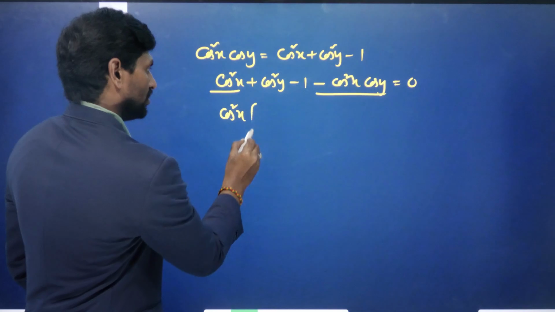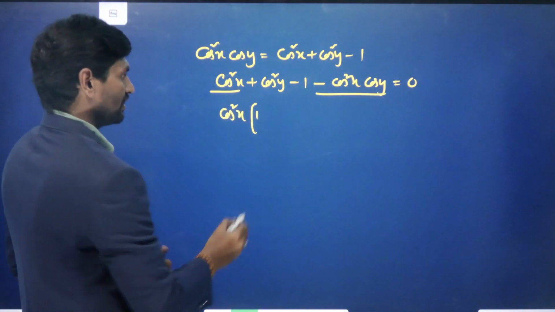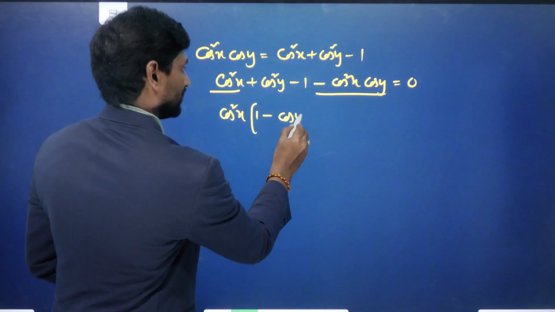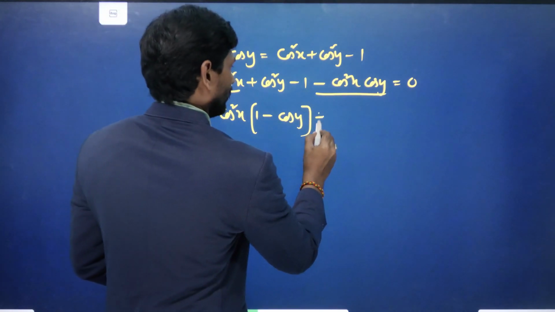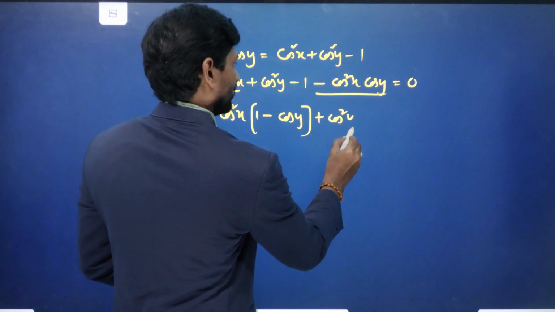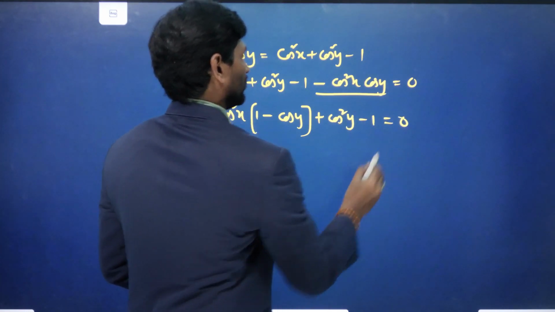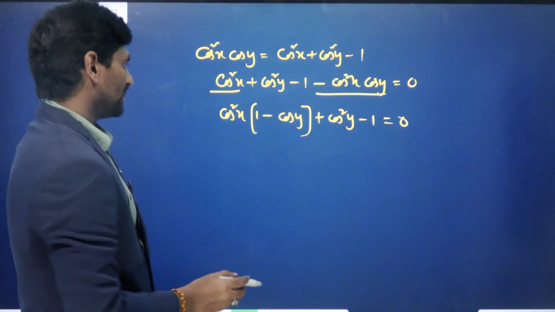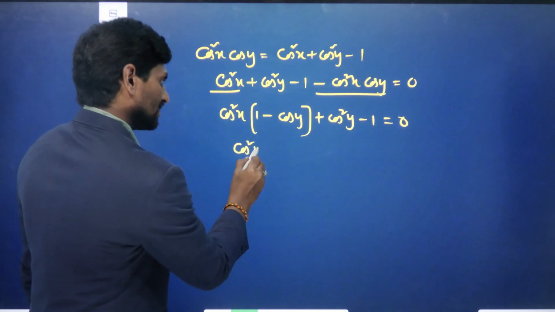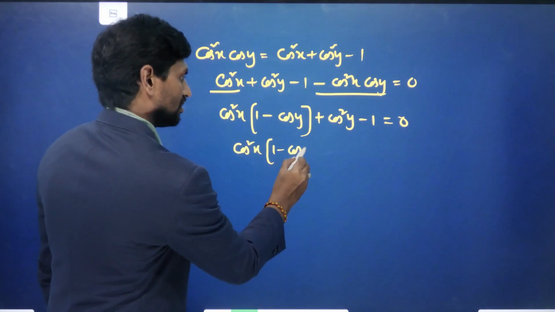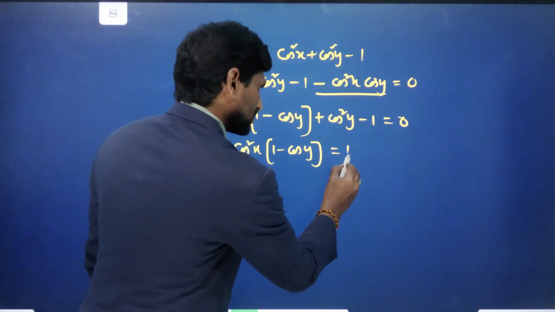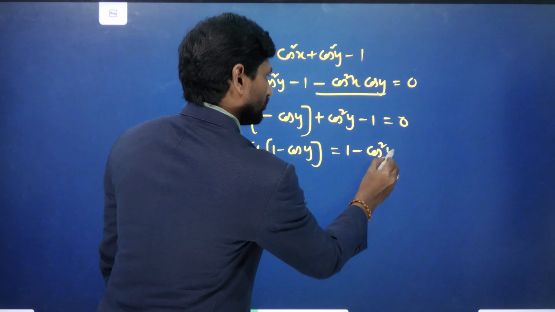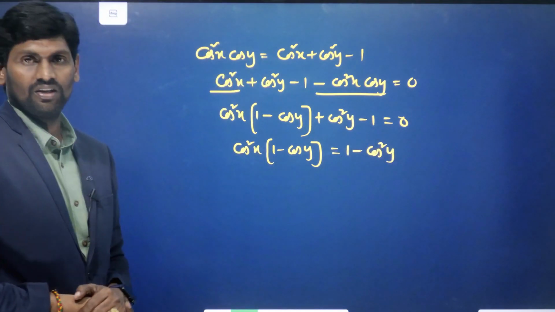Still what is remaining? 1 minus cos y. Plus cos square y minus 1 is equals to 0. Transpose that side. So cos square x into 1 minus cos y is equals to minus 1 transposed becomes plus 1 minus cos square y.